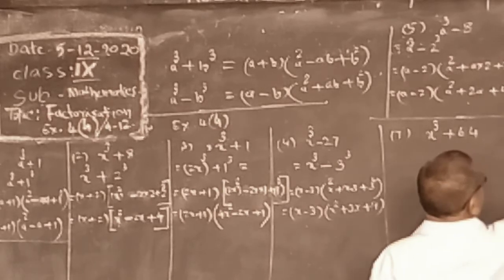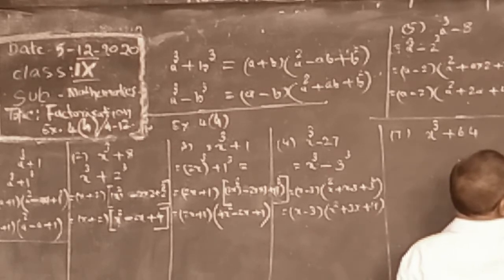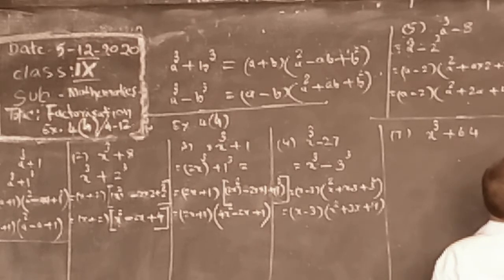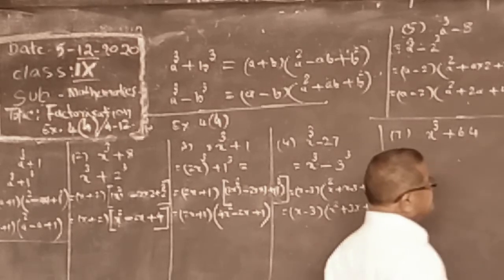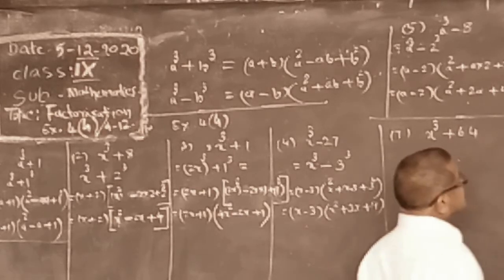Okay. This is (3m minus 2) into (9m squared plus 6m plus 4). 2 squared is 4. So these are the factors.